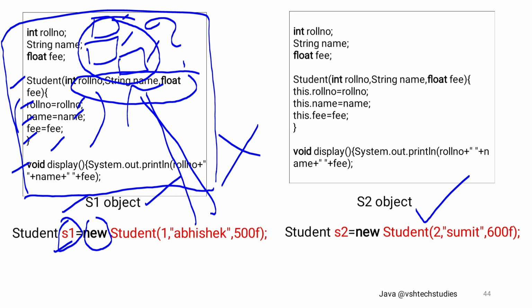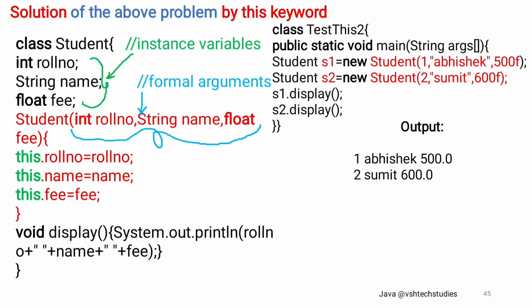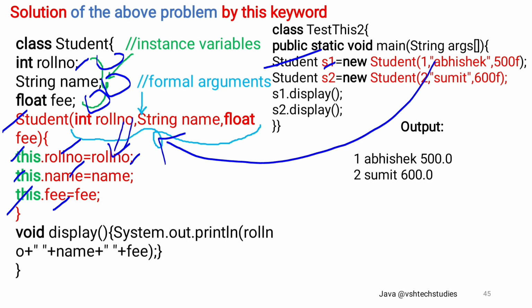Next we shall see how the problem is resolved when we use this reference. Now the same instruction is used to create the S1 object, but the difference is in the code of the constructor: instead of just writing roll number, name, fee, this is written. This refers to these fields. This roll number is made equal to the roll number that is passed from the main program.